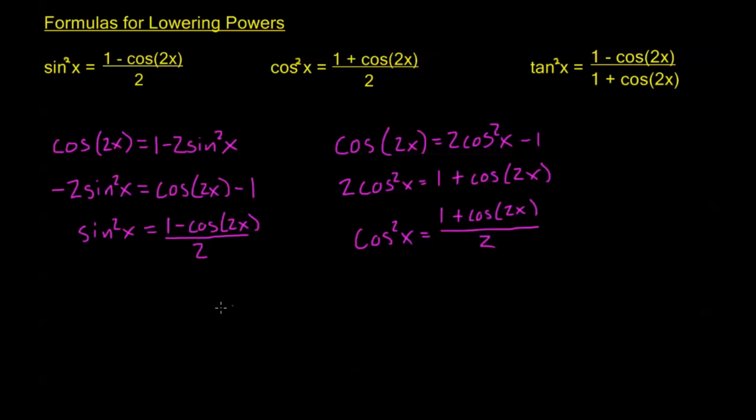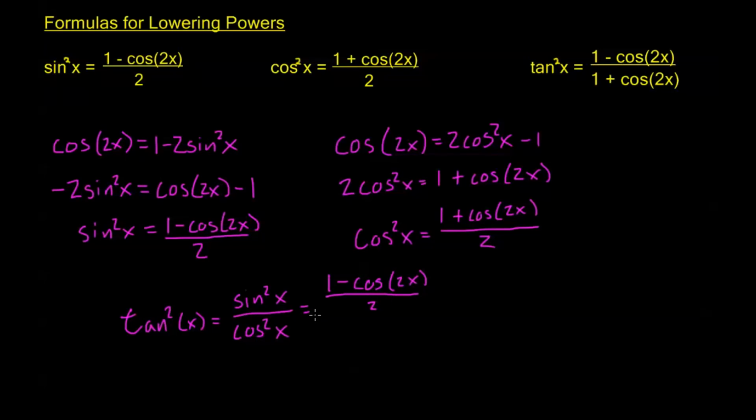Alright, and now for tangent squared x, of course, the easiest way to do tangent is take a look at tangent squared of x. This, of course, is just sine squared of x over cosine squared of x. My sine squared is 1 minus cosine 2x all over 2.